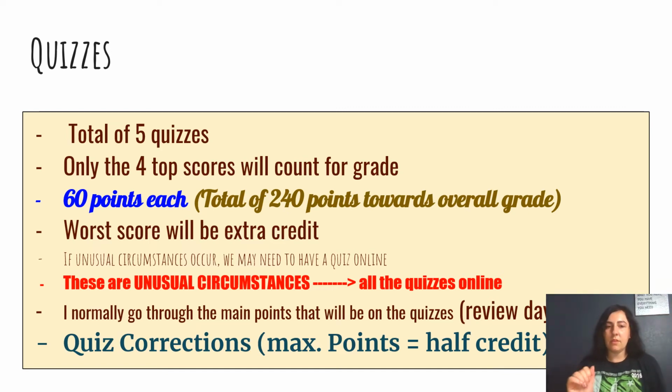Also, another thing: after we take our quizzes, I'm going to allow you to do quiz corrections. For every answer you got wrong, you have to redo that answer. Since most of these questions are going to be math, you're going to explain that step or that answer.